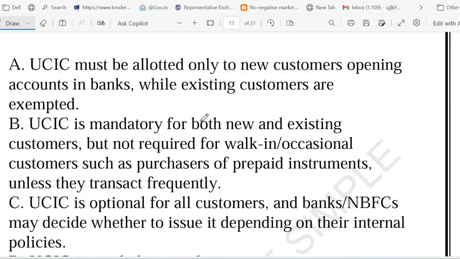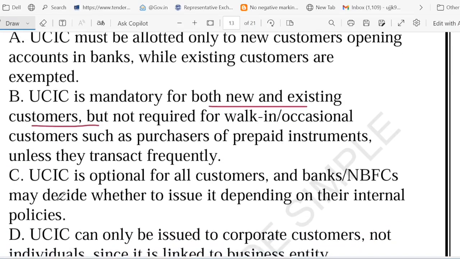Option A: UCIC must be allotted only to new customers opening accounts in the bank, while existing customers are exempted. Option B: it is mandatory for both new and existing customers but not required for walk-in or occasional customers such as purchasers of prepaid instruments.